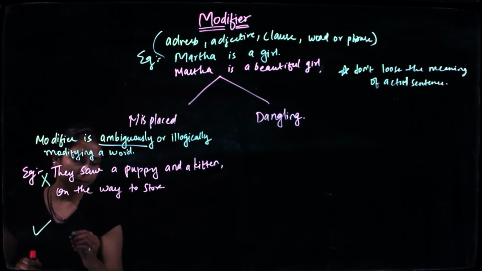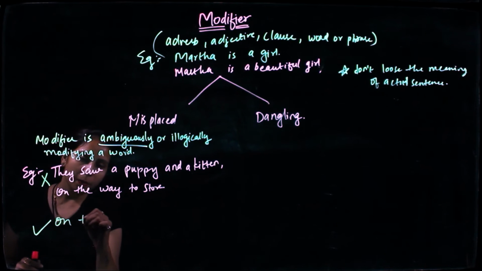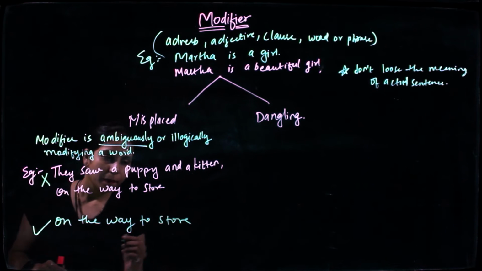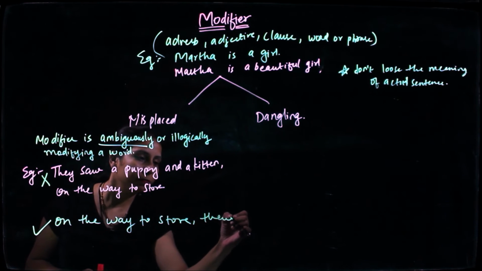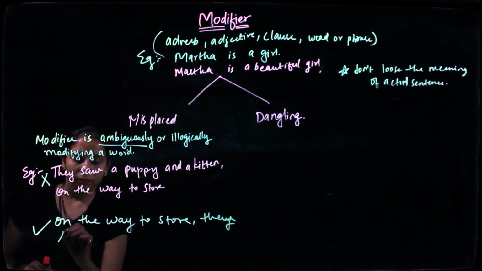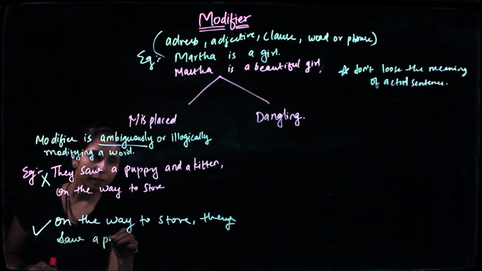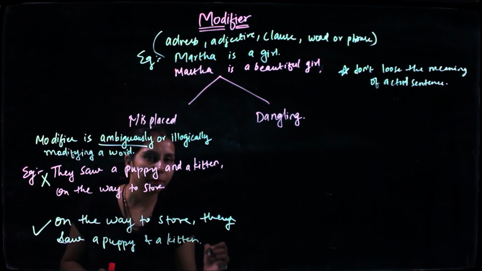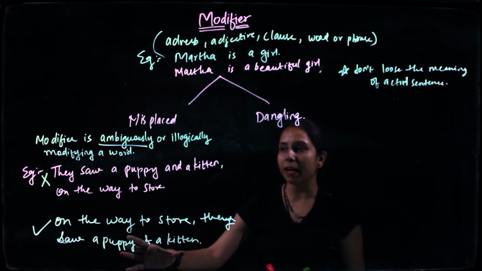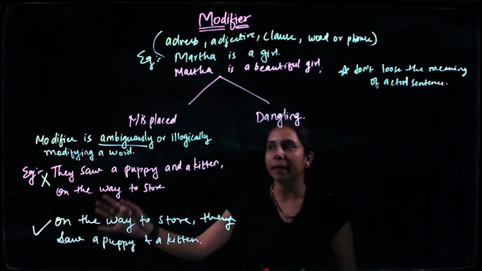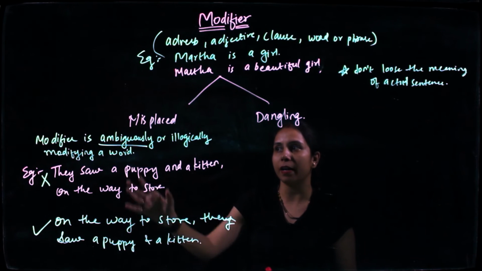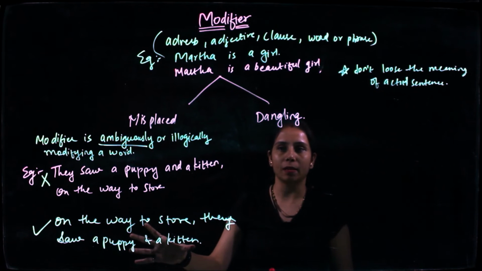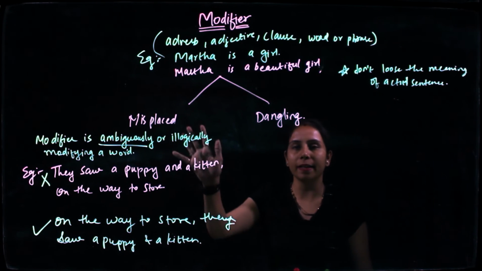The right one would be: on the way to the store, they saw a puppy and a kitten. So the main thing should come in the beginning. The modifier was misplaced. It was at the wrong place. That's why we say it is a misplaced modifier. It is confusing us. The main concern is whether they are on the way to the store or they are seeing something. So that's when we say it is a misplaced modifier.